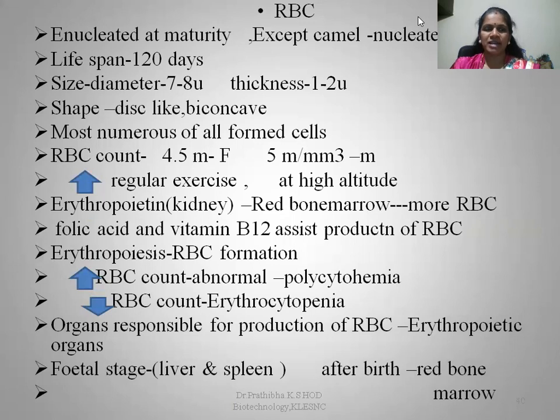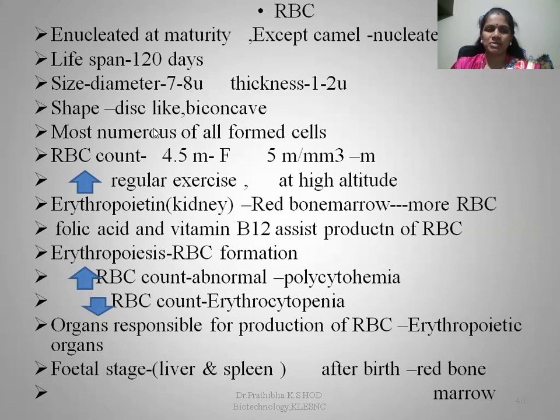It means they are immature, that is with the presence of nucleus, and later the nucleus will degenerate. Then they become enucleated at maturity. Except in camel, which has nucleated RBC.